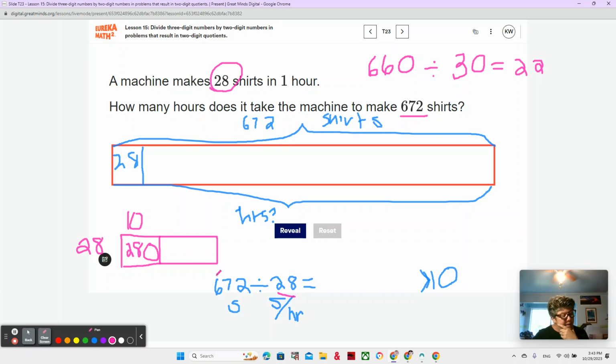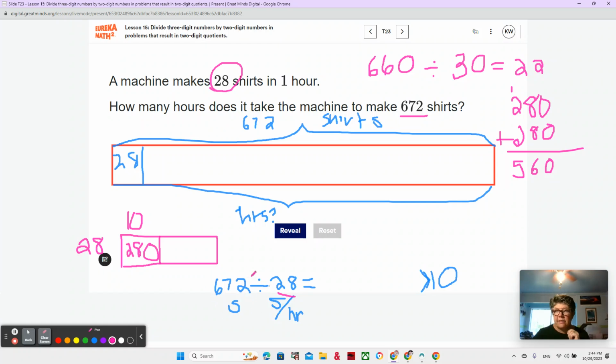Can we put another 10 more groups of 28? Let's see. So one group of 10 is 280. Two groups of 10 is another 280. Let's add that up and see what that comes out to. 560.